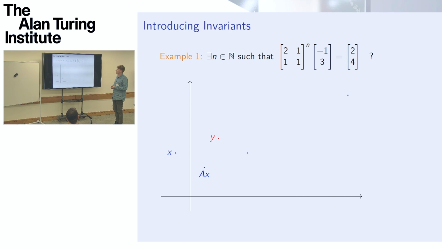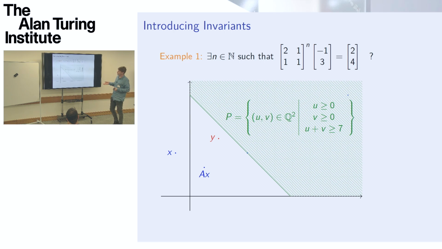A way to formalize that is to give a set, an invariant. Here I give the set of (u, v) such that both are positive and the sum is larger than 7. With this matrix, it's really easy to see that this is an invariant.